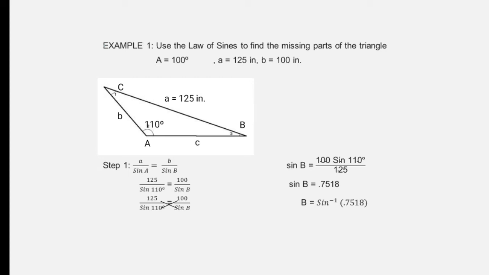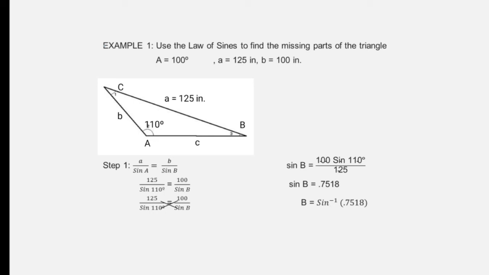Since angle B still doesn't have a value, we still have a missing part. If I'm going to substitute the values, we have 125 over sine 110 degrees equal to 100 over sine B. Again, we can see that our missing part is sine B. We can already solve sine B using cross multiplication.